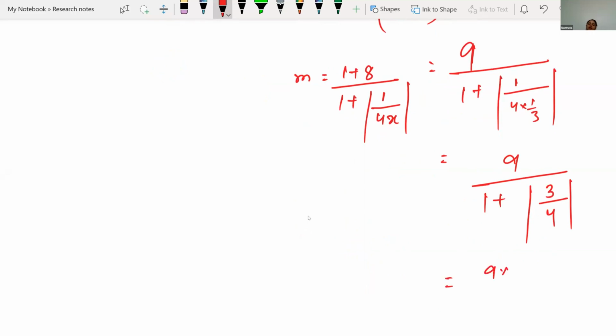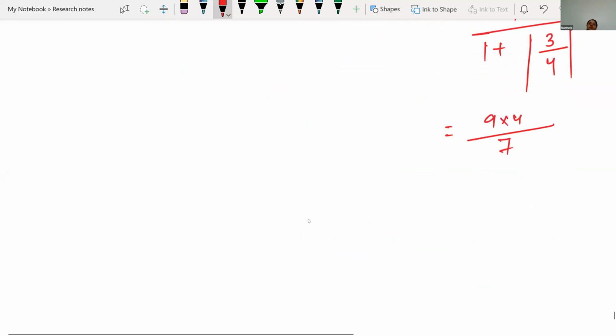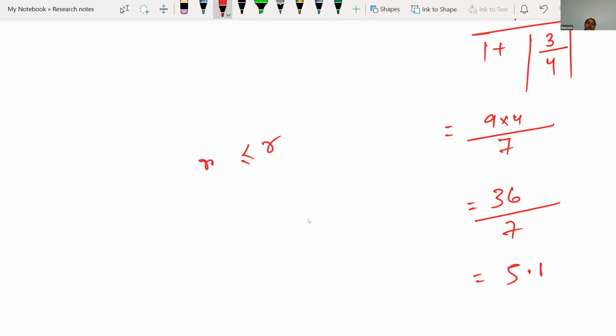So we will be having 9 into 4, and 4 plus 3, 7. That means even if you are getting it in decimal, all well. 36 by 7, 7 5 times 35, 1 remains. So 5.1 we are getting. So R is lying in between M minus 1 to M. That means M is 5.1 and 5.1 minus 1 is 4.1.